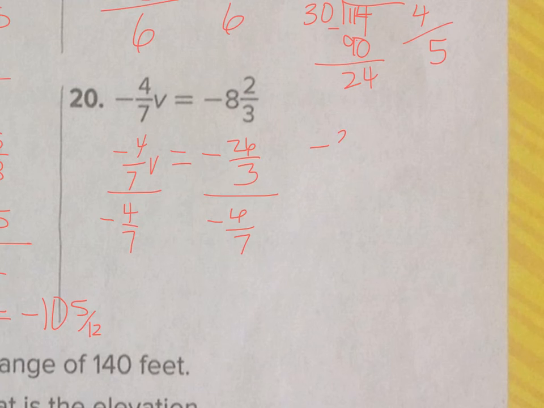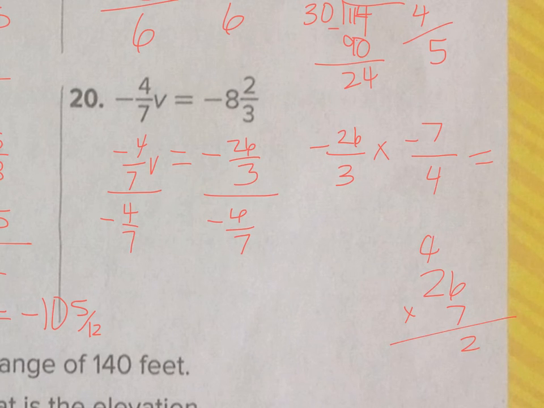So when I take negative 26 over 3 divided by negative 4/7, I know that's the same as multiplying by negative 7 over 4. And when I take negative 26 times negative 7, I get a positive answer. So 6 times 7 is 42, so I put the 2 here, carry the 4, and 7 times 2 is 14, plus 4 more is 18.